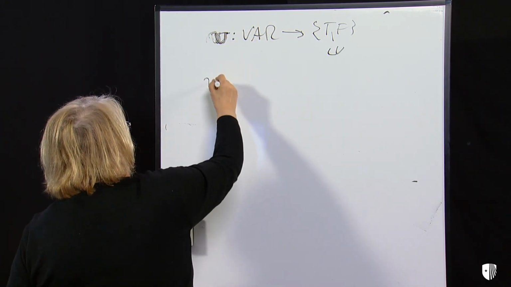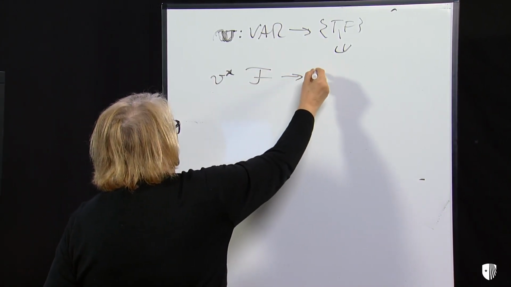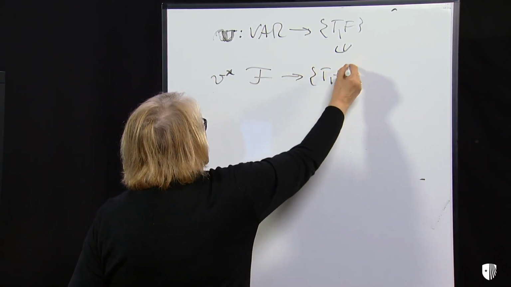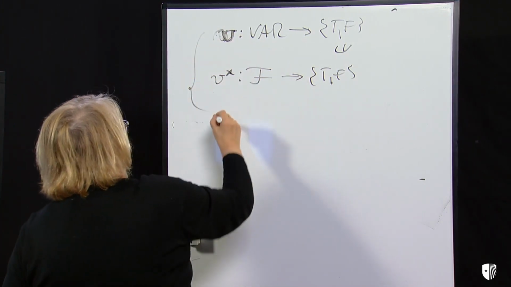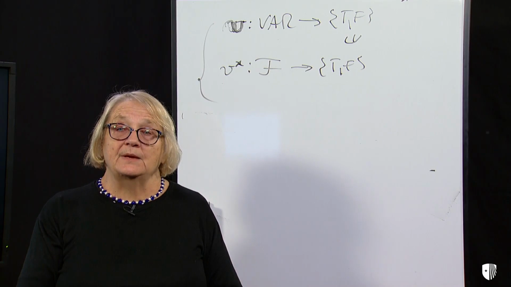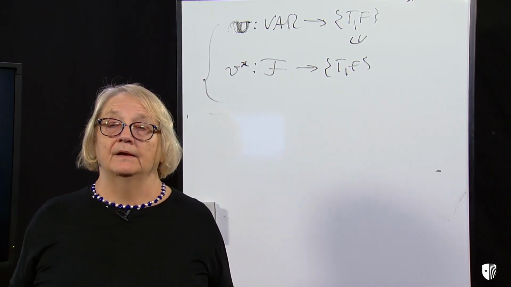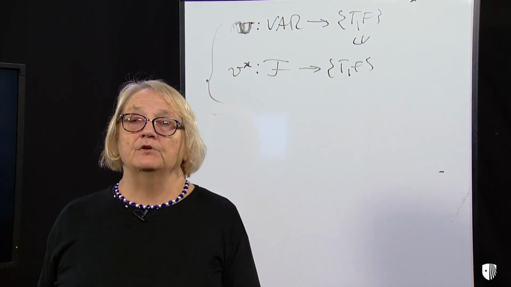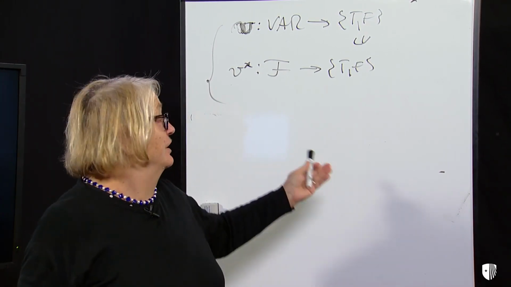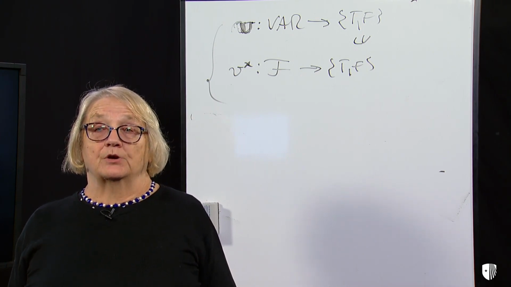And now we have to define its extension to the set of formulas as we did before. So you have V and its extension to the set of formulas. Truth assignment is any function from variables, so it is defined on atomic formulas, and we extend it to the set of all formulas in a natural way.